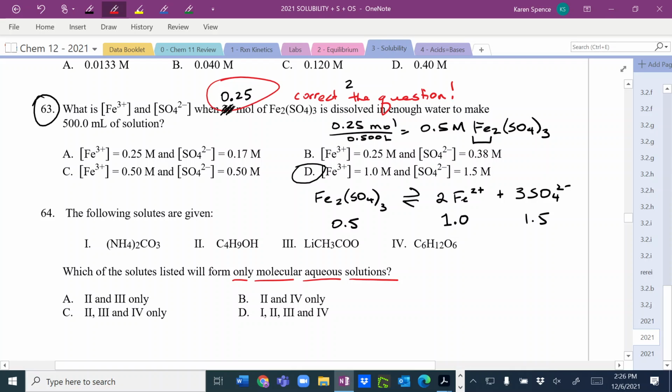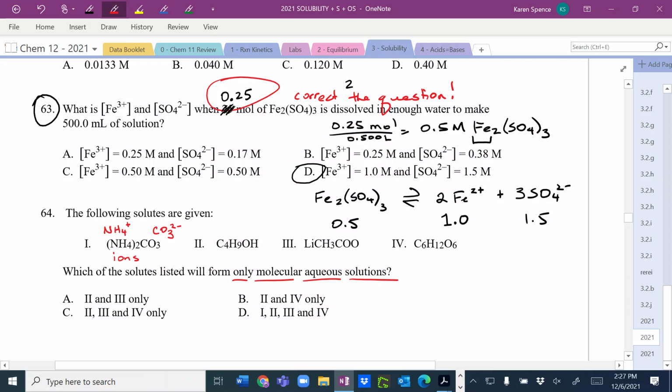Does (NH4)2CO3 have ions? Yeah, it's got ions. It's got NH4+, and it's got CO3 2-. That's the one where it is all made of nonmetals, but because it's got ammonium, it is still an ionic compound. How about this C4H9OH?